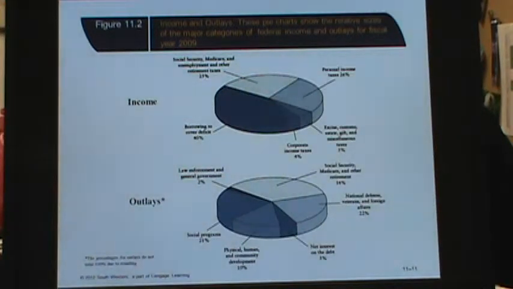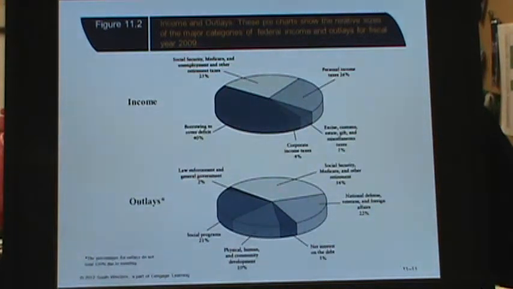25% of our income comes from Social Security, Medicare, unemployment, and retirement taxes. Personal income taxes make up 26% of our government income. Excise, customs, estate taxes, gift taxes, and miscellaneous taxes are all 5%, and corporate income taxes are 4% of our government's income.